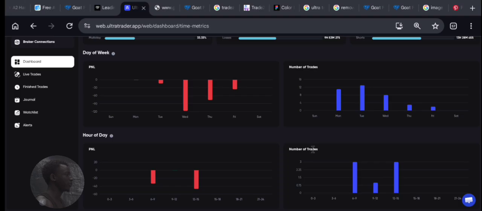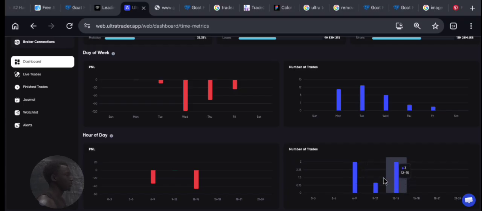And we'll go to the next section with the number of trades. You can see from 6 to 9 I normally take the most trades, followed by 12 to 15. Those were the times I took the most trades, and also the most losses.